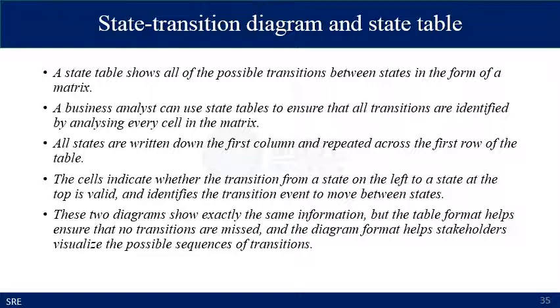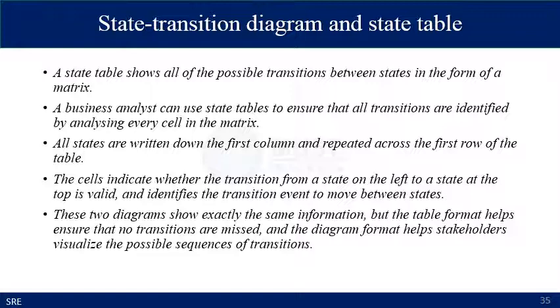All states are written down in the first column and repeated across the first row of the table, and the cells indicate whether the transition from the state on the left to a state at the top is valid, and identify the transition event to move between states.